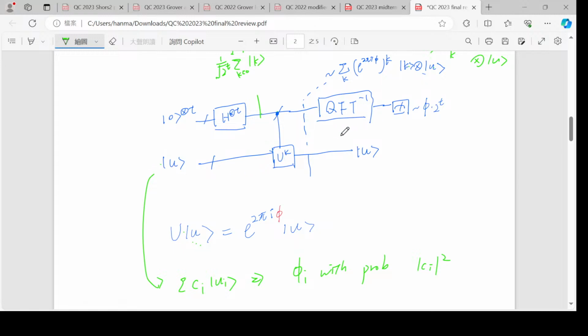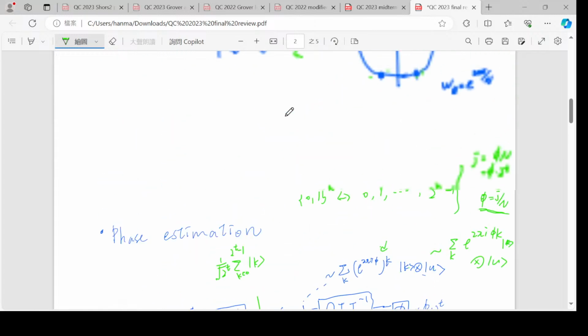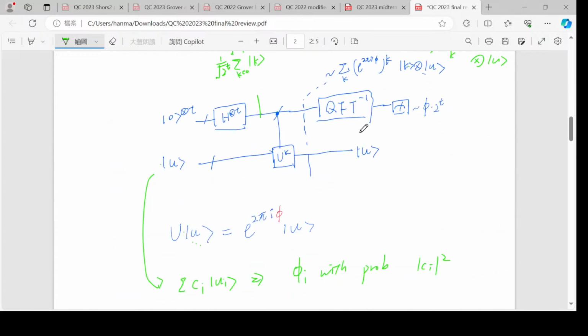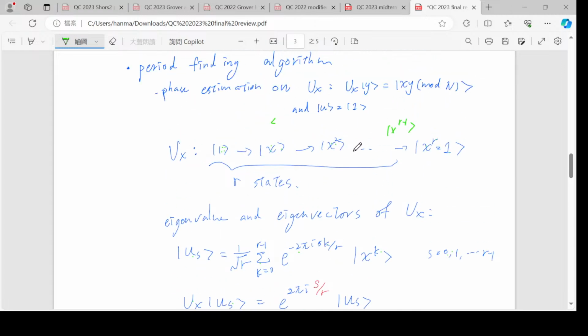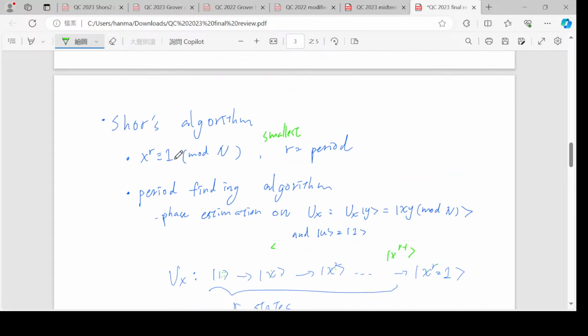And also this QFT minus 1 can be done very efficiently. There's something we skip here, but QFT minus 1 can be done in polylog time because you can do a Fourier transform basically. Okay, so everything can be done very efficiently here, in poly log of the number.